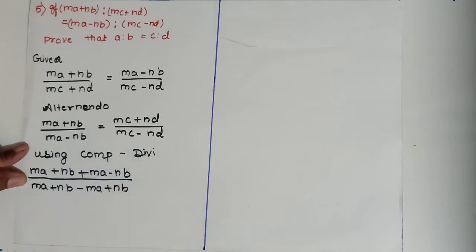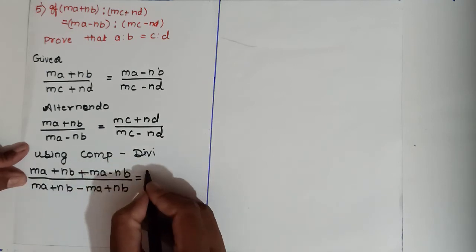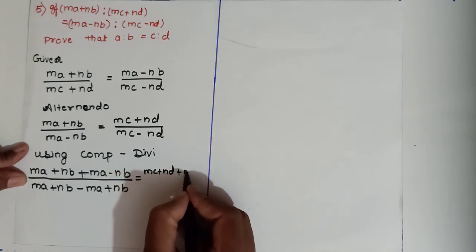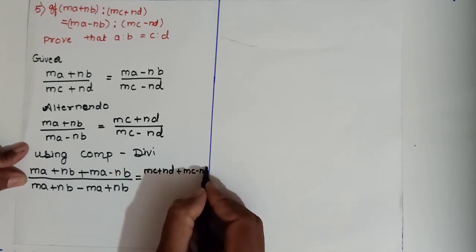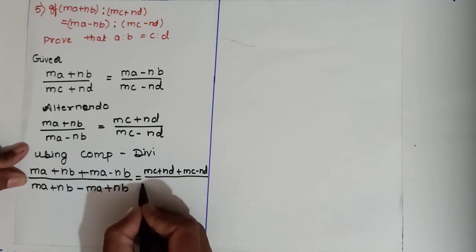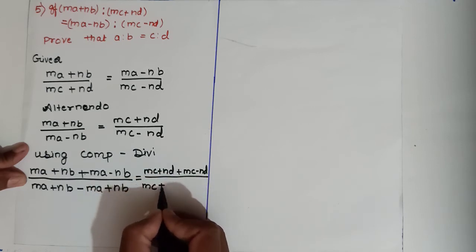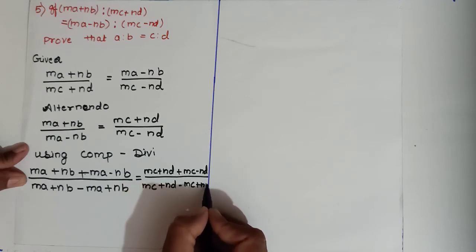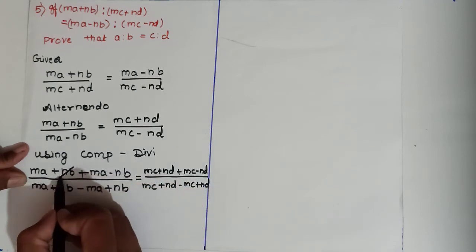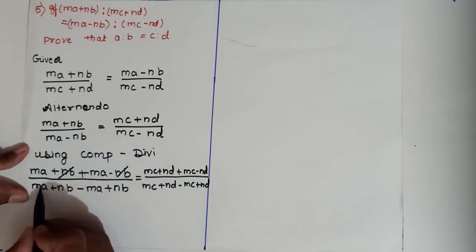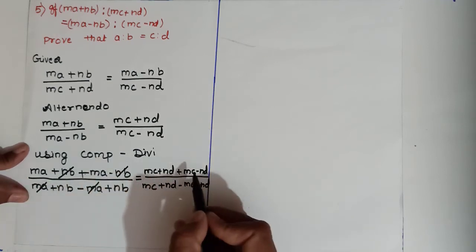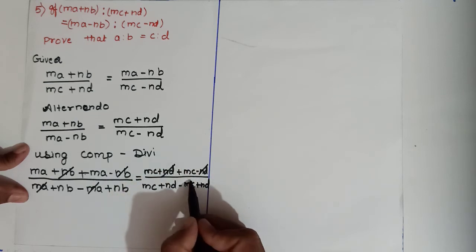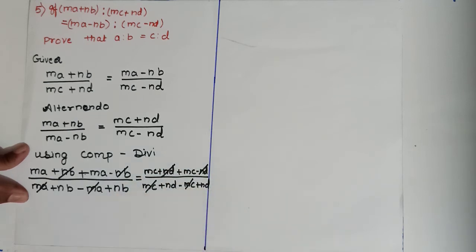So this will be nb equals (mc + nd + mc − nd) divided by (mc + nd − mc + nd). Now plus nb and minus nb become 0, plus ma and minus ma 0. Same way, plus nd and minus nd 0, plus mc and minus mc 0.